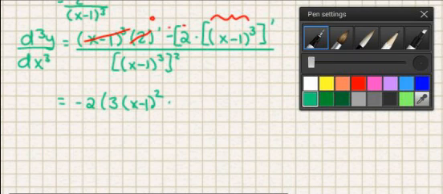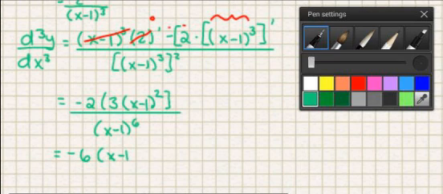So I won't write it down. And then x minus 1 raised to the power of 6. So let's simplify this a little bit.